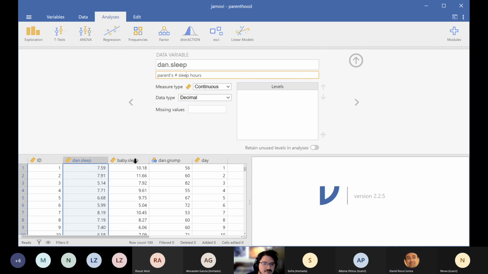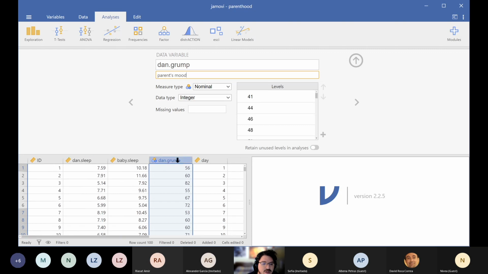Just don't change the name of the variable, or do it, it doesn't really matter. Baby sleep is the baby's sleep hours, and then grump is the parent's mood. Grump is a shorthand for grumpiness. So the higher it is, the grumpier the parent is. So you can have a guess as to how baby sleep, Dan sleep, and grumpiness should be related.